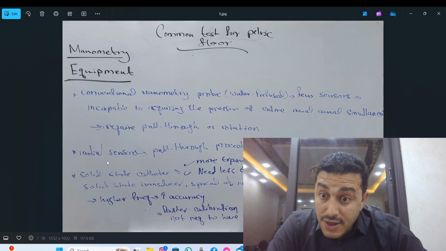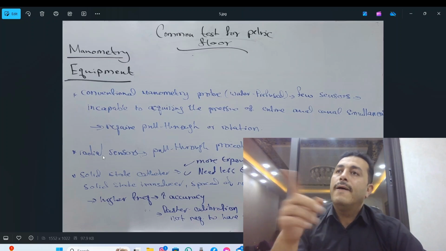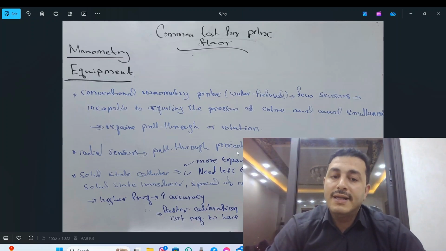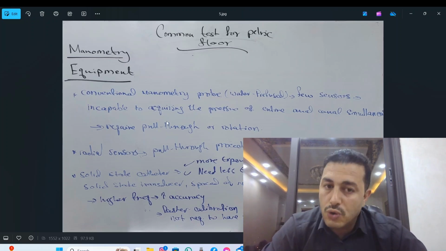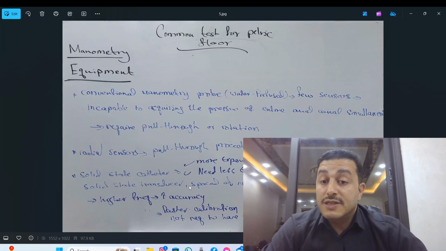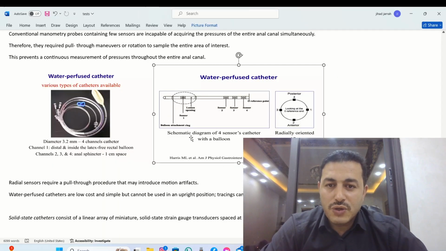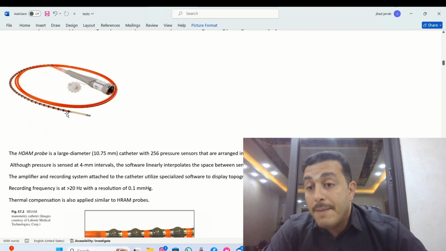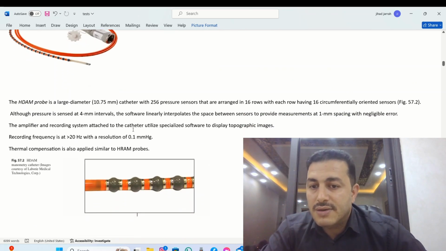We said they are poorly radially oriented when we compare them to the solid state, as we will see, and require a pull-through procedure. This pull-through procedure will cause artifacts. The solid state, which we will show you, just to imagine what we mean by solid state. This is the solid state. Imagine how many sensors are oriented here.